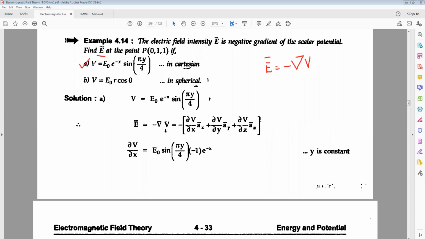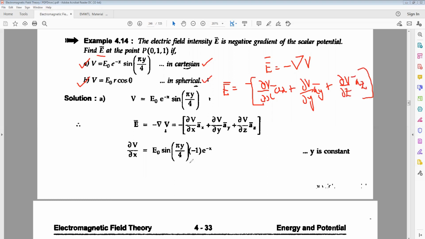In part A, the voltage V is given, and in part B, V is also given, but one is in the Cartesian coordinate system and the other is in the spherical coordinate system. In the Cartesian coordinate system, E bar is equal to minus the gradient of V: dou V by dou x of AX bar plus dou V by dou y of AY bar plus dou V by dou z of AZ bar.